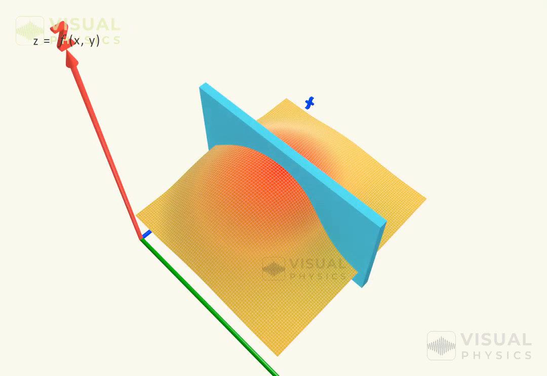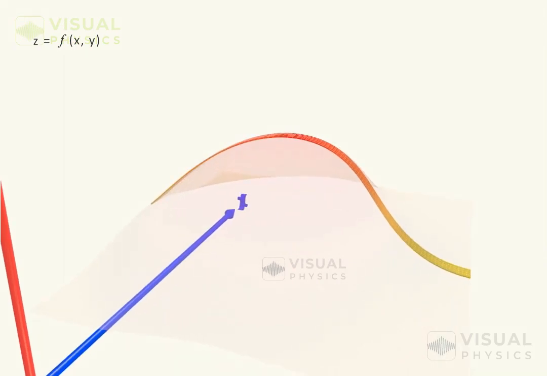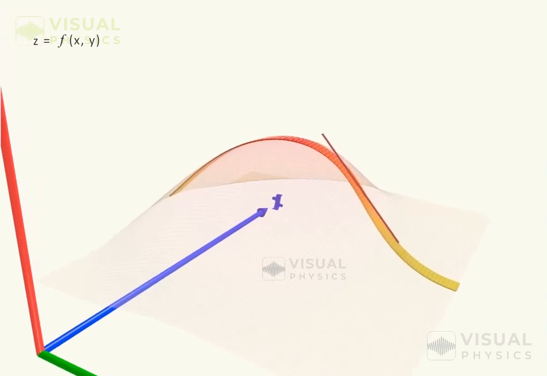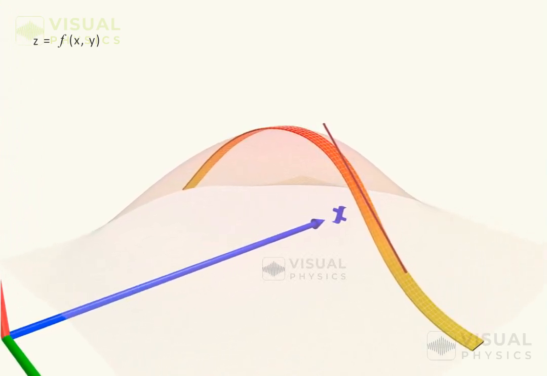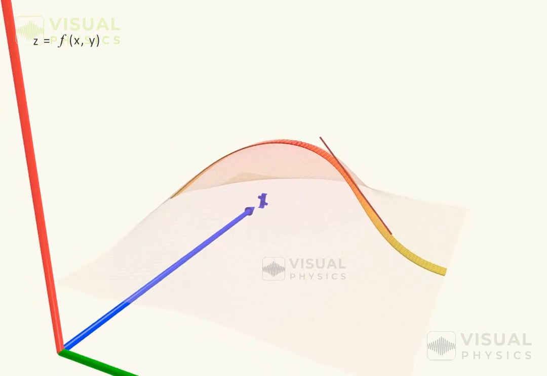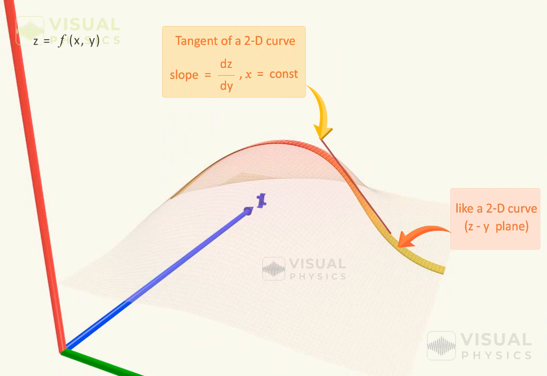Similarly, if we take the cross-section of this surface with respect to the x-axis, then the slope of the curve at this point with respect to the y-axis gives us the partial derivative of the function with respect to y, taking x to be constant.